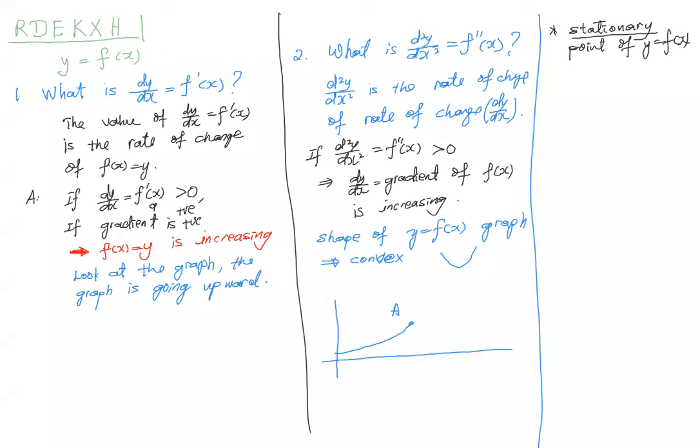So when we say stationary point, we mean that at this point the rate of change is 0. Or you can say at this point the gradient is 0.